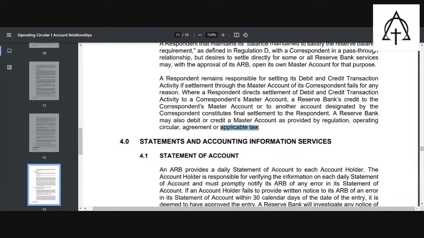They can use the forum provided by regulation, by their operating circulars, by other agreements, or as applicable already in law. Already applicable law. It means it's already there and all you have to do is apply it. It's called equity, folks. Statements and accounting information services.